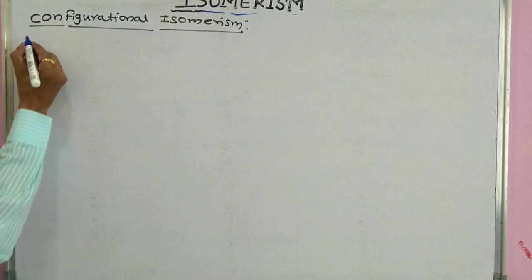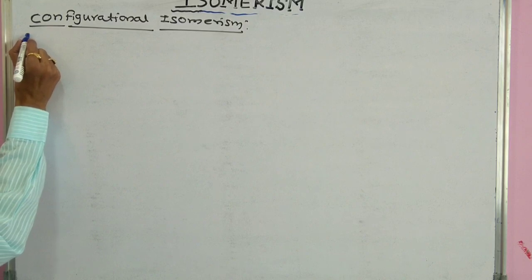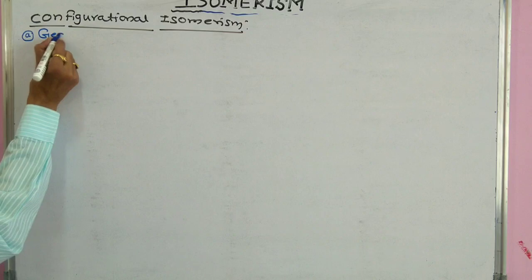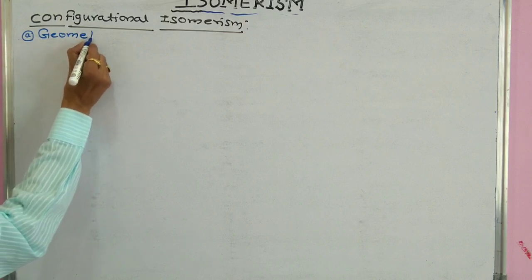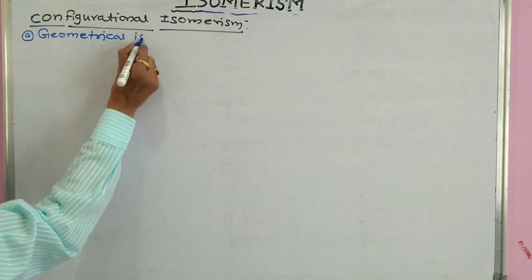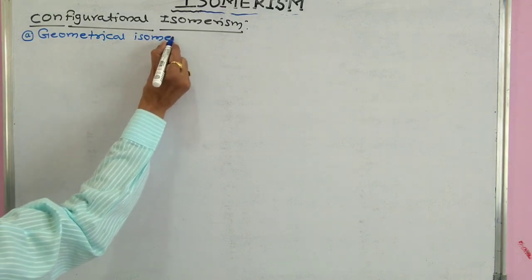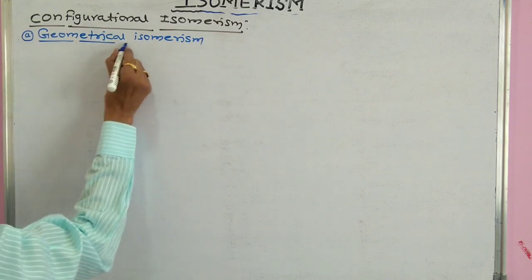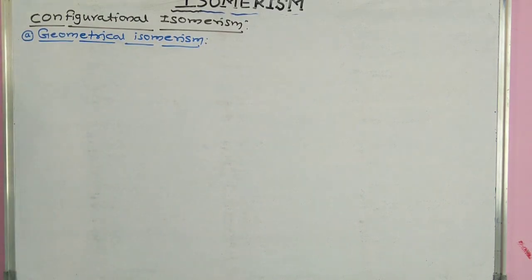Now this configurational isomerism is of two types. Number one is geometrical isomerism.